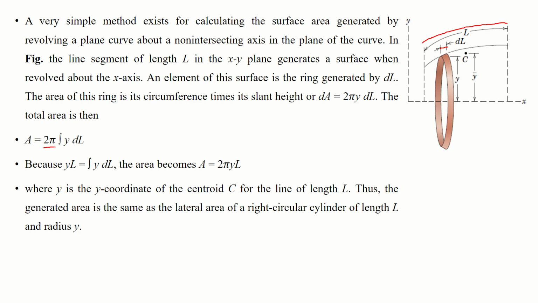We can say 2 pi, that is the rotation, the total 2 pi, and the value of y dL. Now y means the height where it is located, and dL ranges from the initial value of y to the final value of y. The internal area is going to be subtracted, and then you will be left with only the ring. Now it is a simple calculation to find the surface area and calculate the centroid of the surface area.